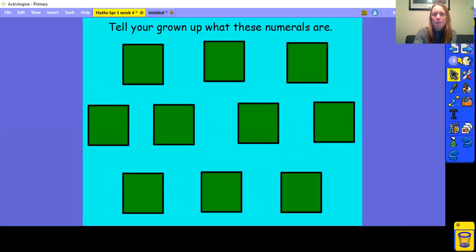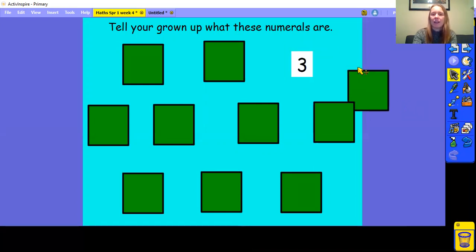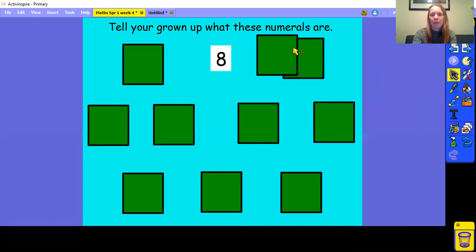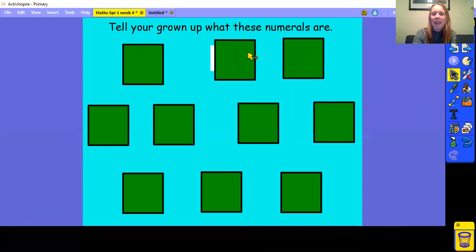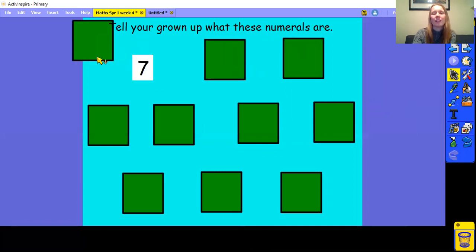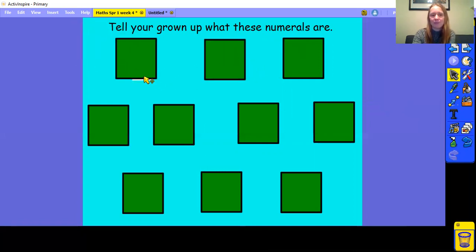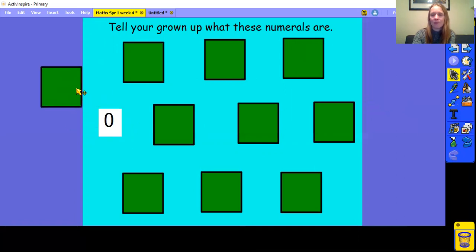Well done. This time, I'm hiding some numerals. What I want you to do is tell your grown-up what they are as I reveal them. That's right, it's 3. Yes, it's 8. This numeral is 7. That's right, it's 0.